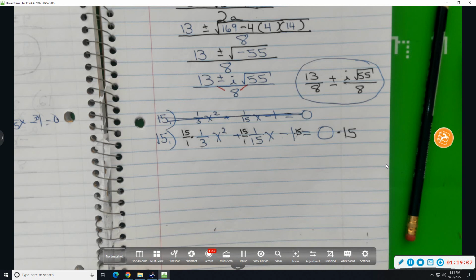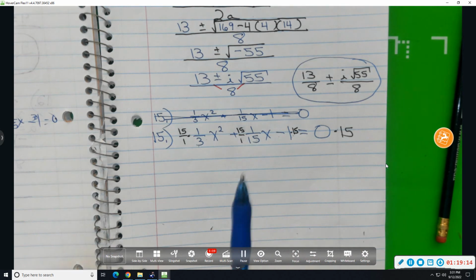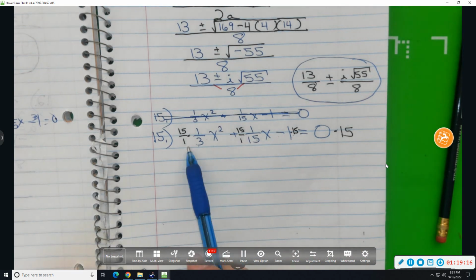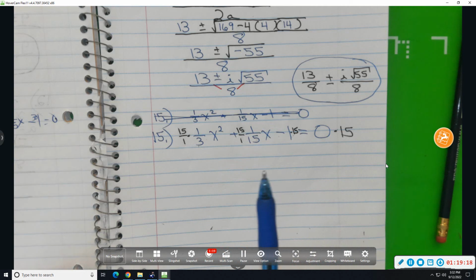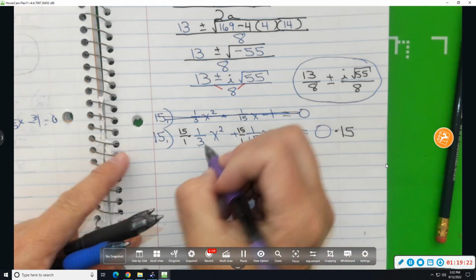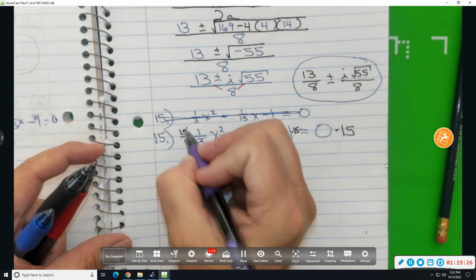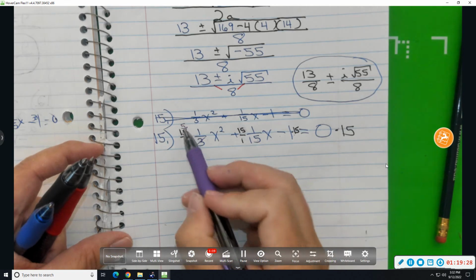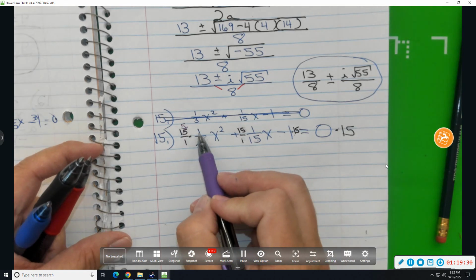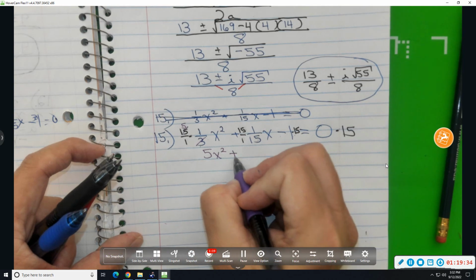Maybe I should have reviewed cross-canceling before we did this, because we're going to have to remember how to multiply these fractions. What I like to do is cross-cancel. I say 3 goes into 15 how many times? 5 times. 5 times 1 gives me 5x squared.